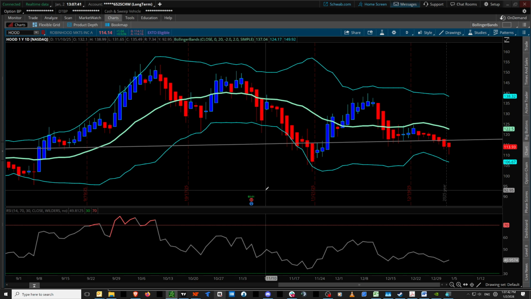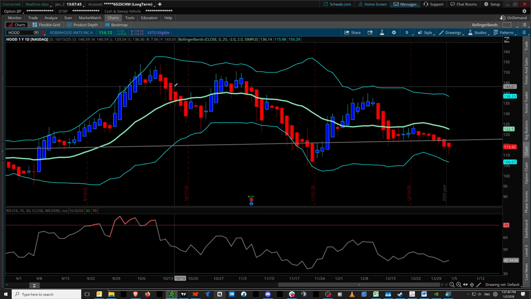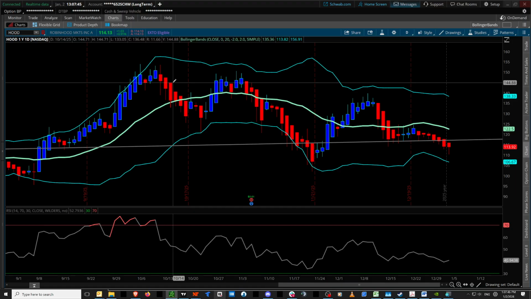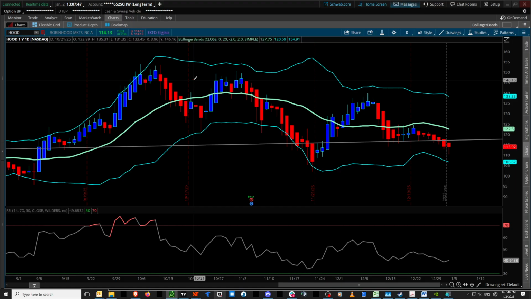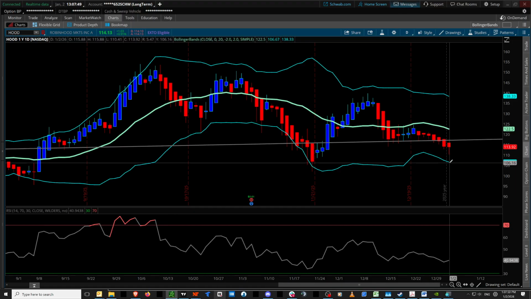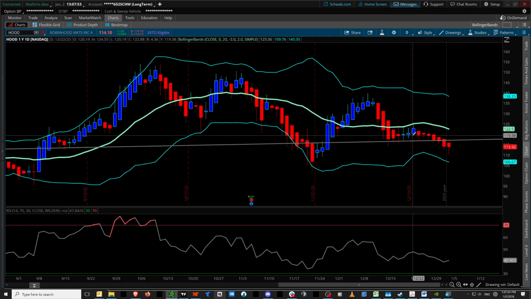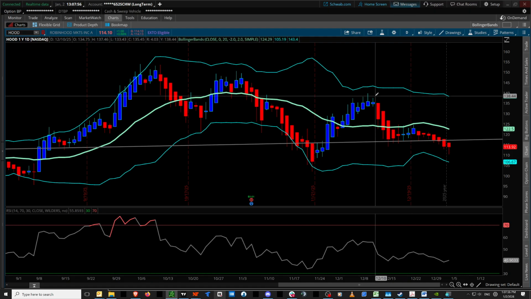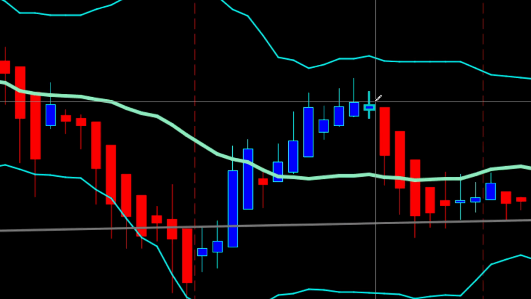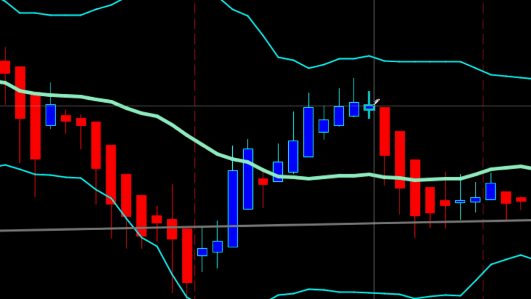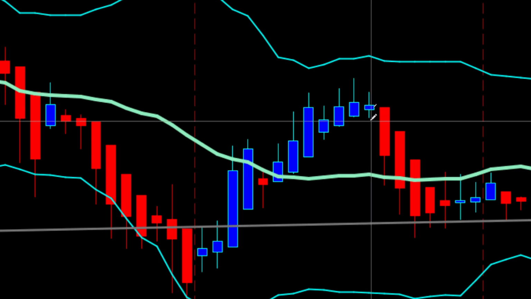Heikin-Ashi is not a true candle. It is derived from yesterday's candle. The opening of today's candle is the average of the high, low, close of yesterday's candle, so it's not true price. What it does, however, show you are reversals right here. Dojis and spinning tops.